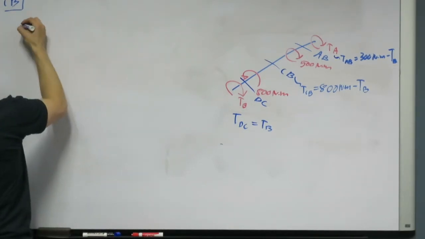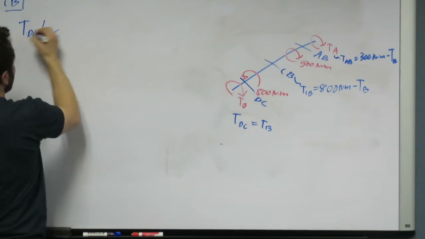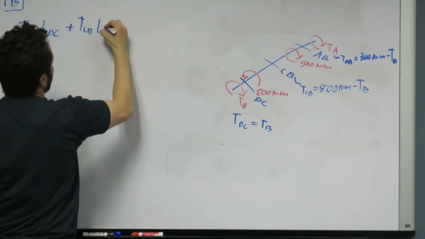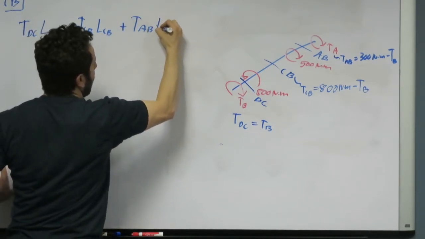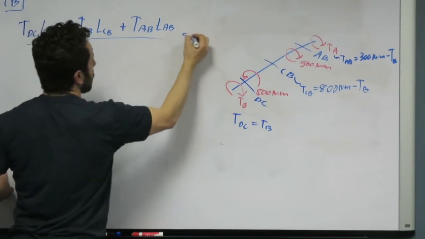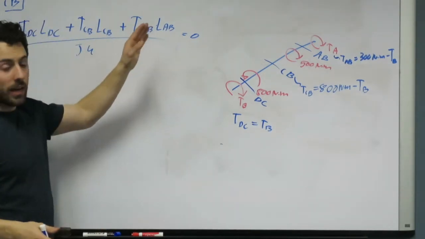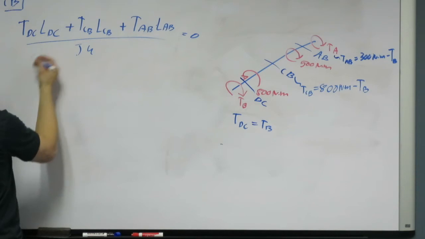So that says that TDC times LDC plus TCB times LCB plus TAB times LAB all over the same JG equals 0. And they're all over the same because it's a constant area and a constant material of this pipe. So pretty much you just plug everything in.